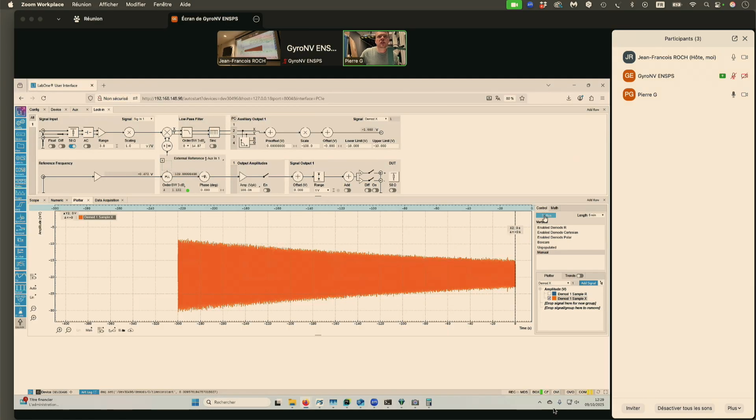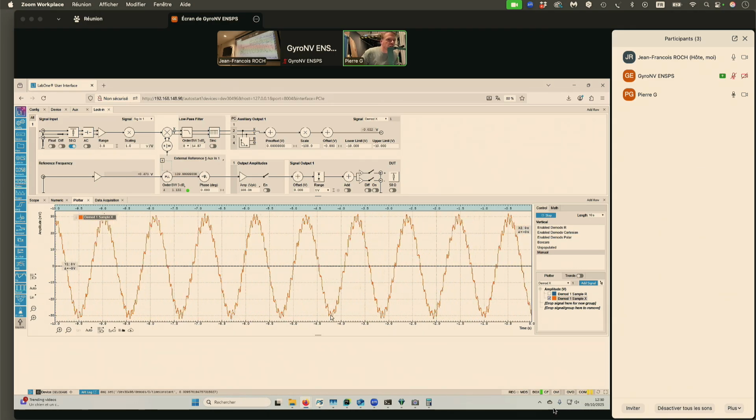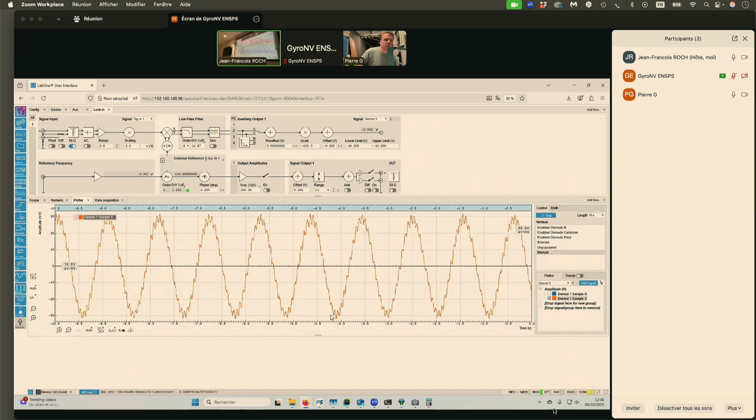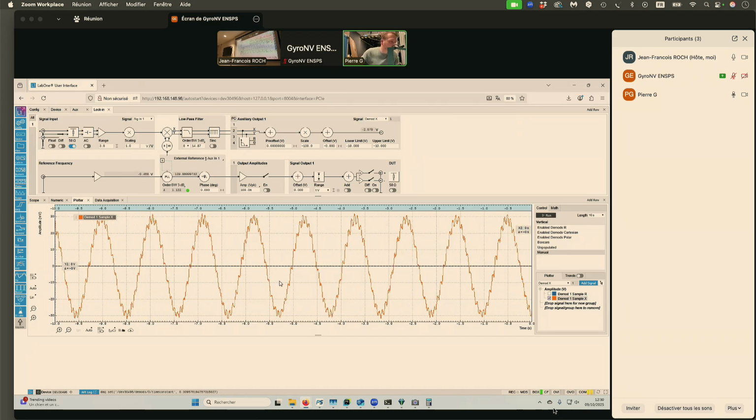Now, what do we see? We have this oscillation. This is real time. I will stop and explain a bit. The low frequency oscillation, this one, corresponds to what we want.